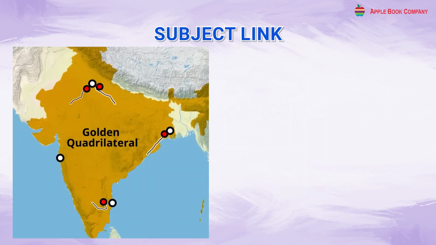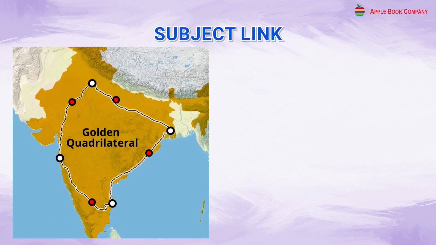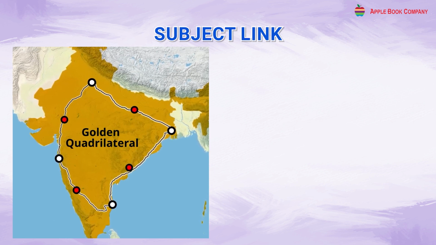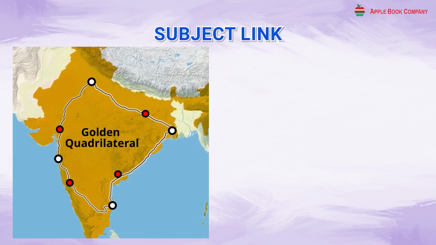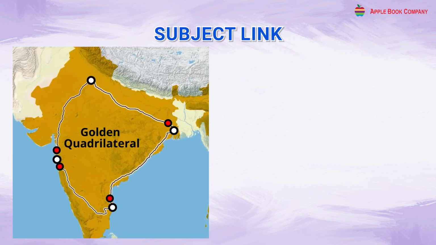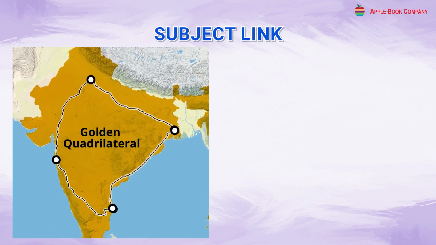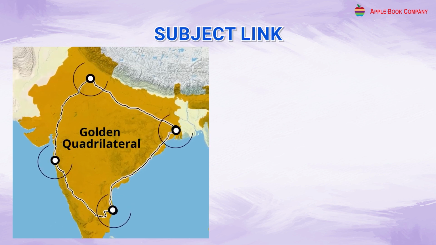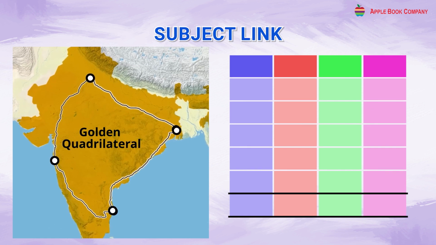Next is subject link. Highways are important roads that join cities and towns. Highways provide connectivity for transporting people as well as goods over long distances efficiently. The Golden Quadrilateral, GQ, is the network of highways in India. It consists of 4 expressways connecting Delhi.